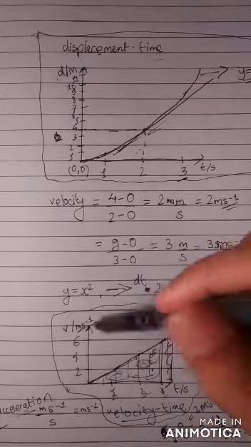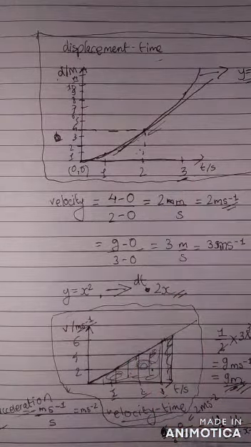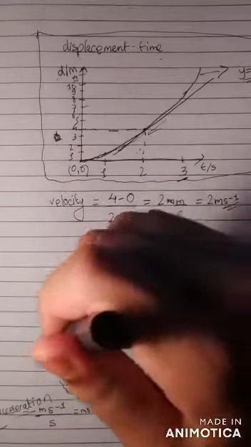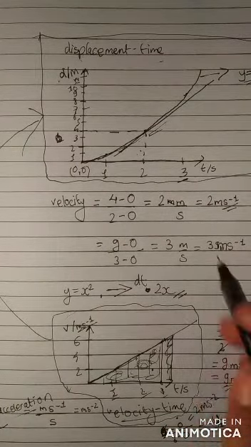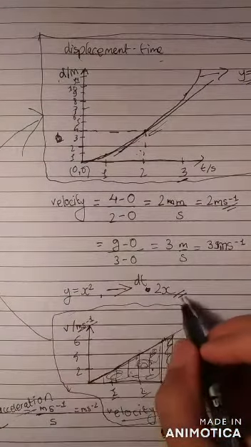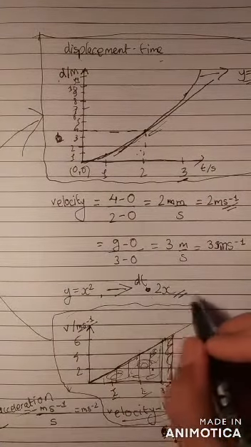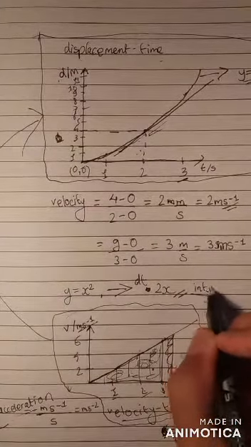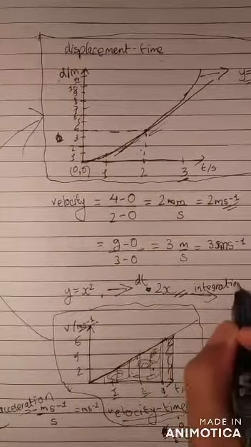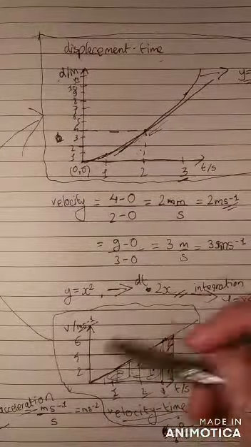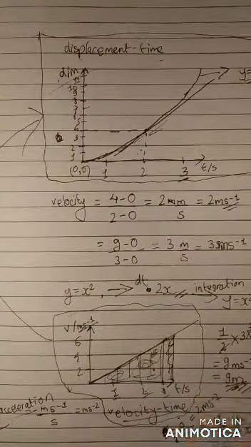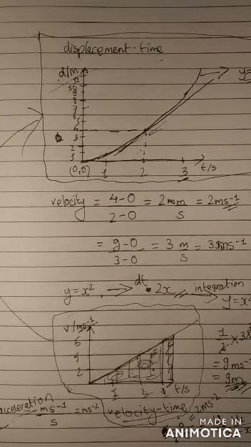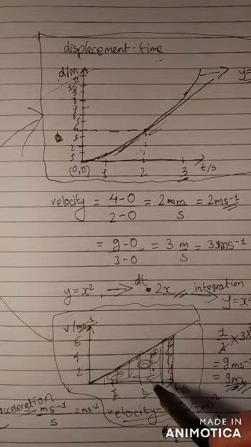Now doing just the opposite, if the velocity time graph is given, we can find the displacement time graph. The thing is, we replace differentiation with integration. Integration of 2x gives us y equals x square, and we would get the displacement time graph from the velocity time graph. So integration and differentiation is important in this matter.